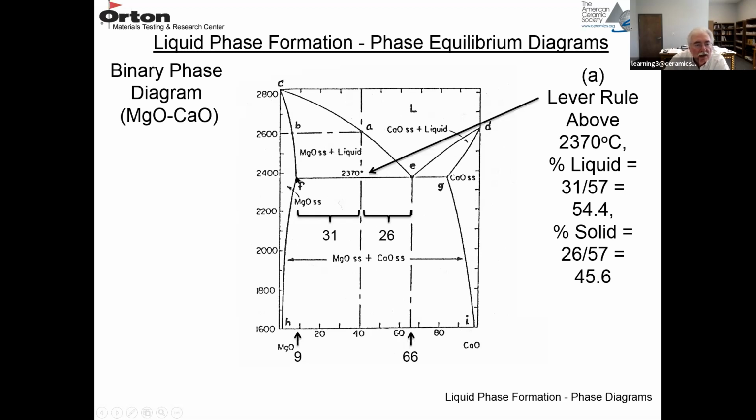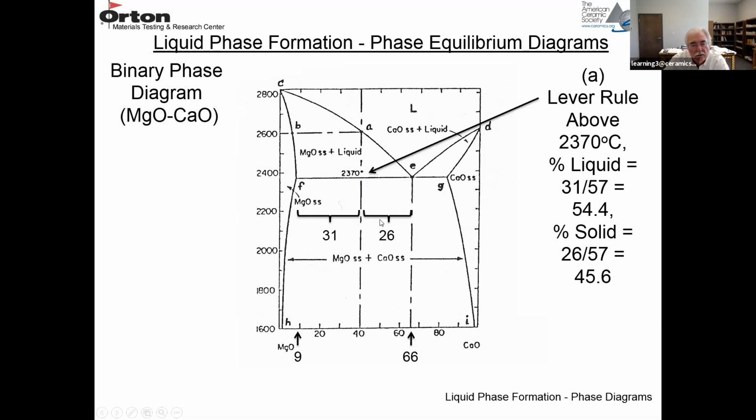So we draw a tie line from F to E. F is actually 9% CaO, and E is 66% CaO. And we said A was 40 and 60%. So the distance from F to this composition A is 31%, and the distance from composition A to E is 26%.